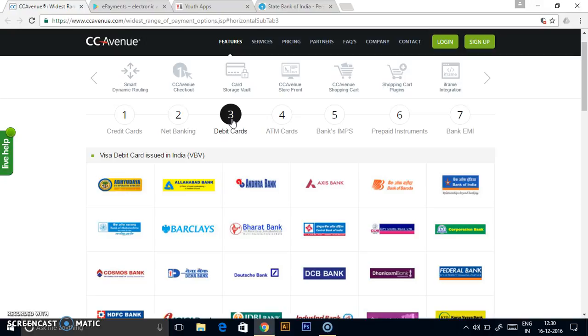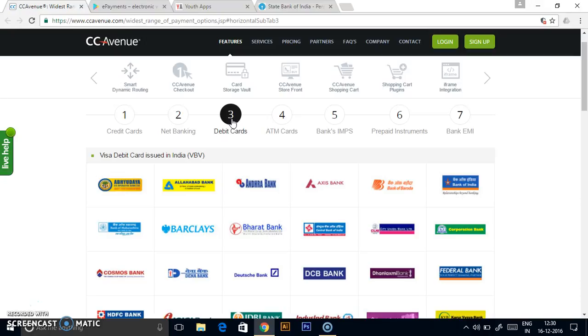But you have a debit card. And what does a debit card have? A debit card has a unique 16-digit number, right? And a CVV number at the back and an expiry date on when the card will expire. So these are the three details that you need to know. I'll repeat again.